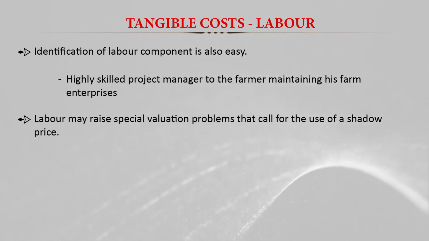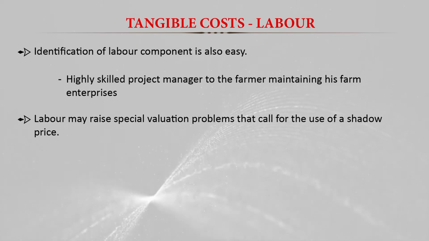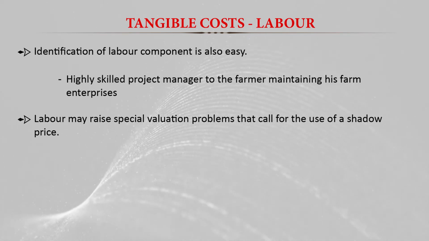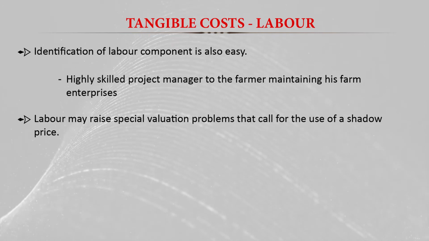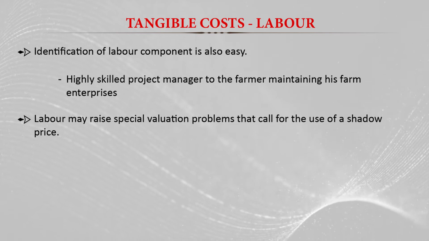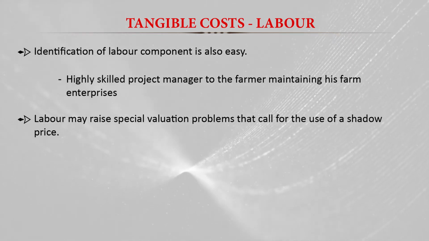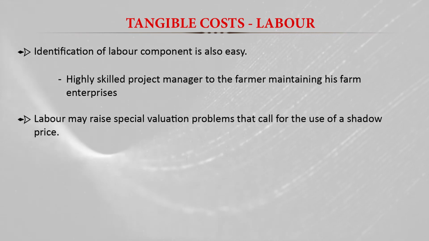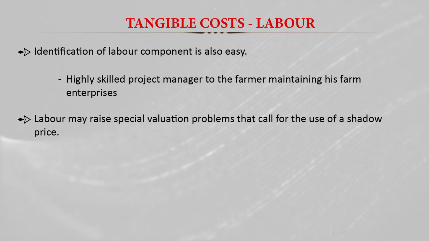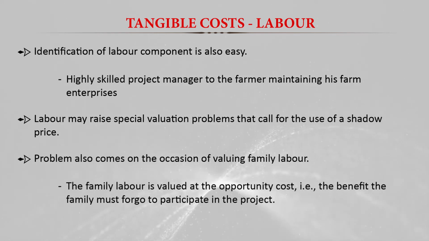Sometimes we cannot determine wages or salary easily, like for family laborers. So how to value them? If we are using family laborers in the farm, we provide some shadow prices, and there is a problem of what type of shadow prices we should use as the cost of family labor.